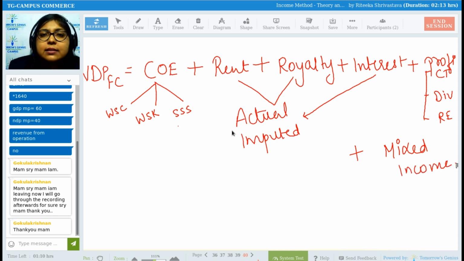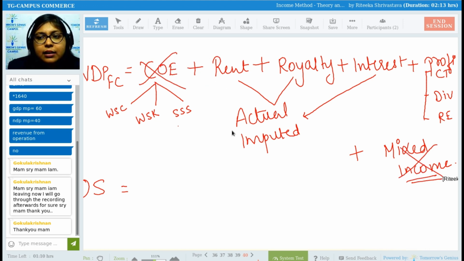Okay, last one is mixed income. Mostly under mixed income, who all are going to come? The people who are self-employed will come under the category of mixed income. Fine. Now at the end, I said operating surplus. So what is operating surplus? You just don't have to take COE and you don't have to take mixed income.